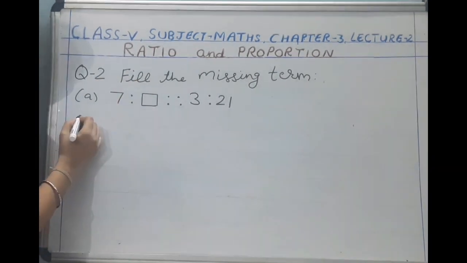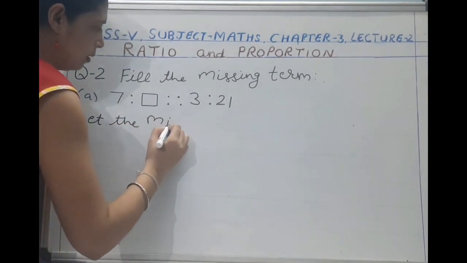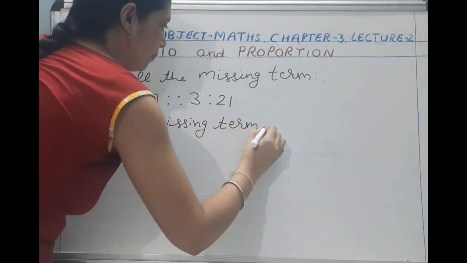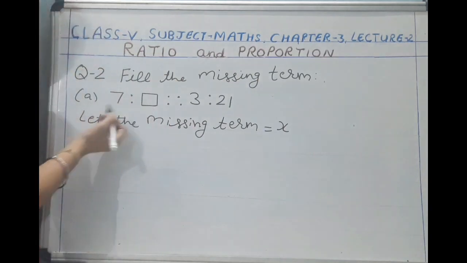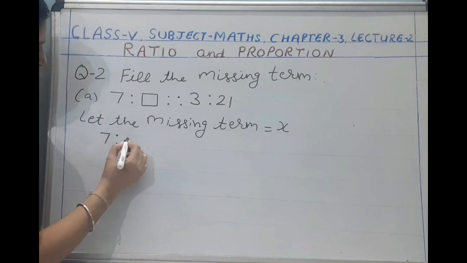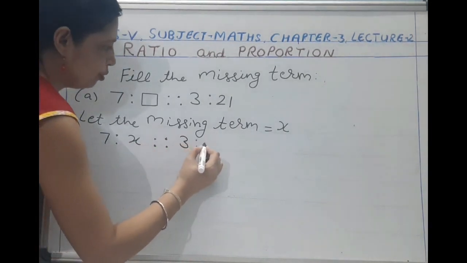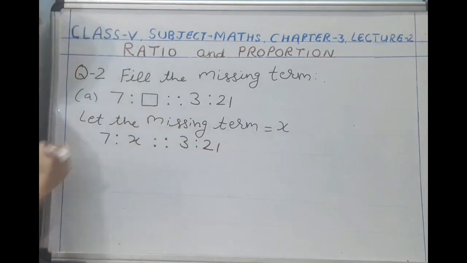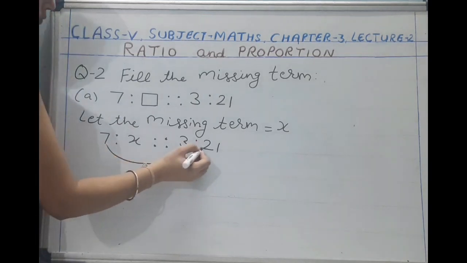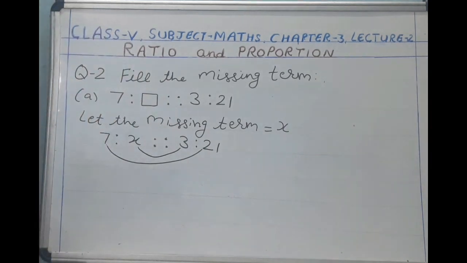Let the missing term is equal to x. तो हमने यहाँ पे मिसिंग टर्म को मान लिया x, राइट. Now 7 ratio x proportion 3 ratio 21, right. Now as these are in proportion, so product of extremes will be equal to product of means.